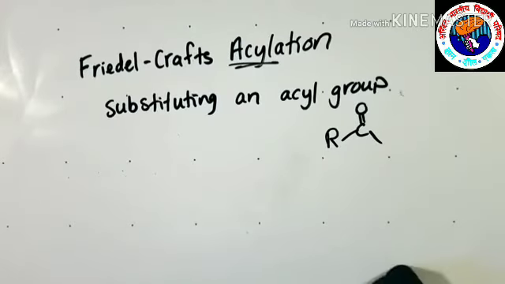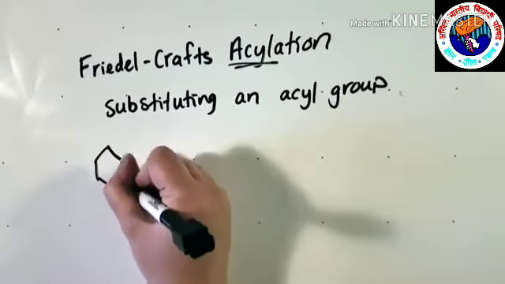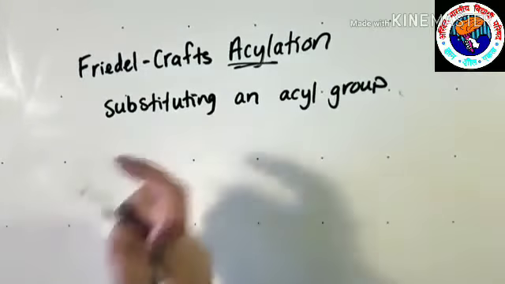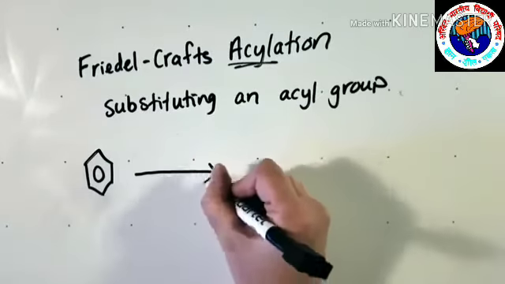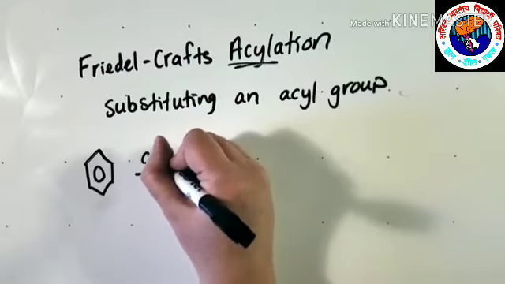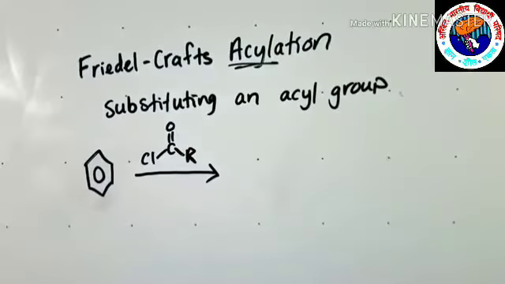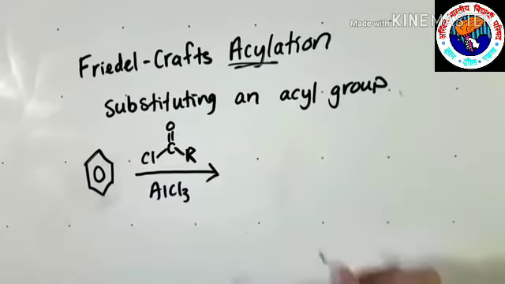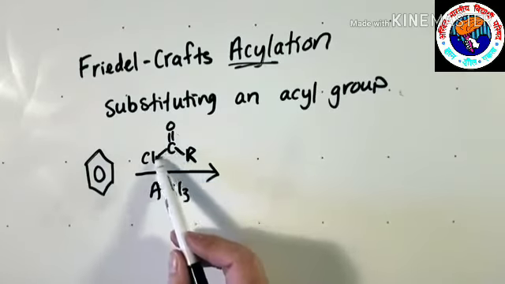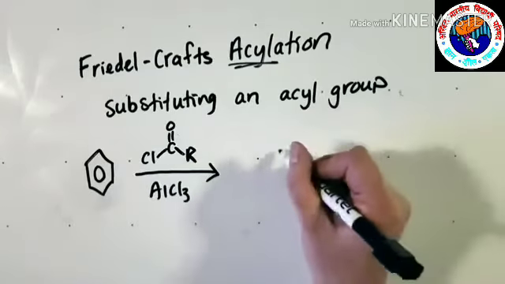So if we show an example, and again, I'm just going to do generic first. Again, that's not a benzene ring. Okay, so Cl, we have our carbon double bonded to oxygen, and then some R group, so a certain length carbon chain, AlCl3, and it is going to be this carbon here, so the bond between the carbon and the chlorine breaks, and that carbon will be what attaches to our benzene.